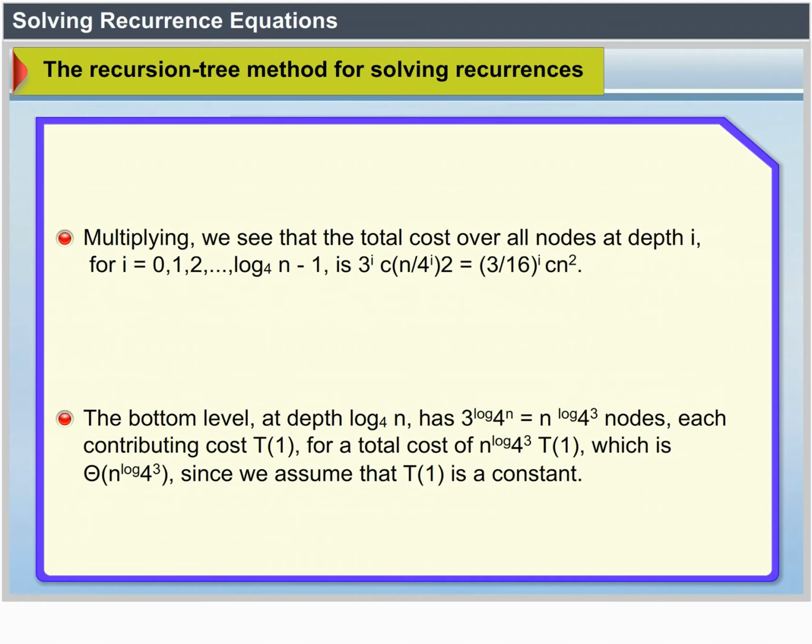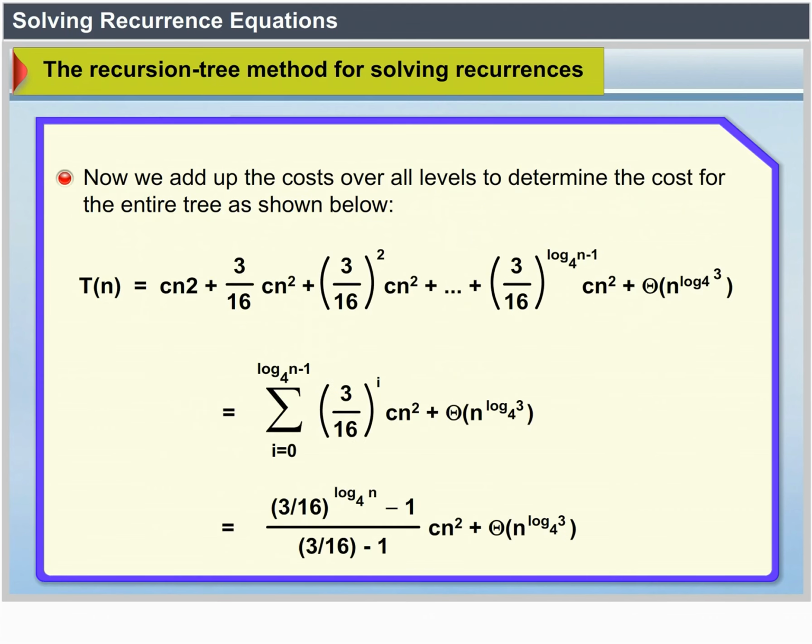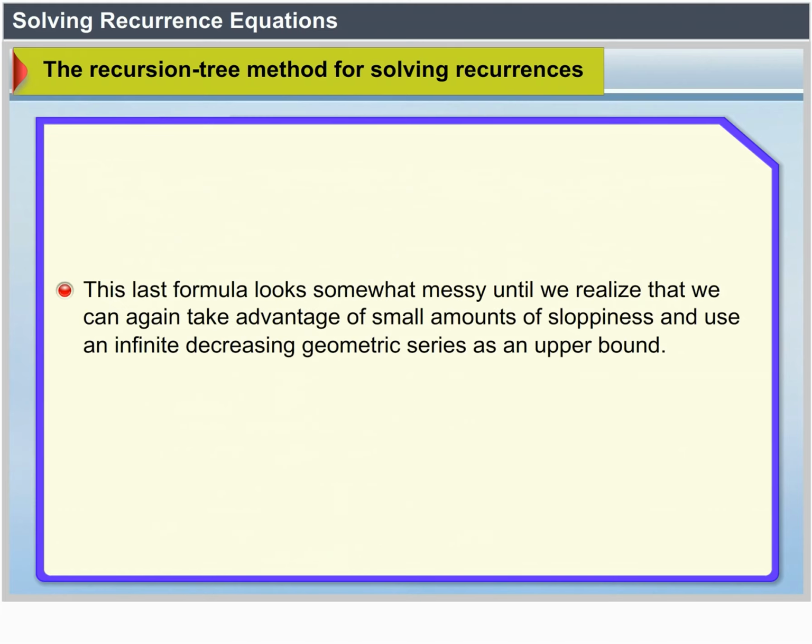Now we add up the costs over all levels to determine the cost for the entire tree, as shown here. This last formula looks somewhat messy until we realize that we can again take advantage of small amounts of sloppiness and use an infinite decreasing geometric series as an upper bound.